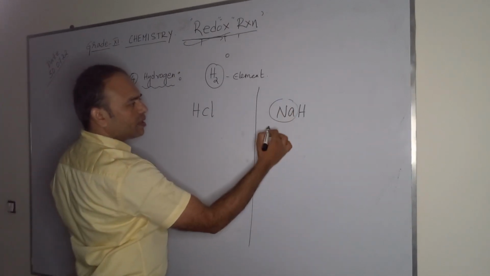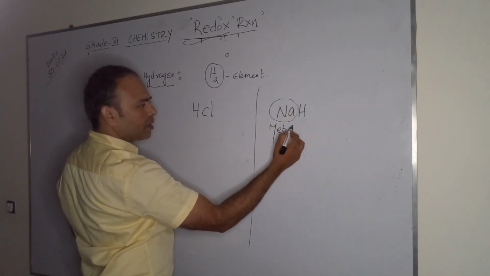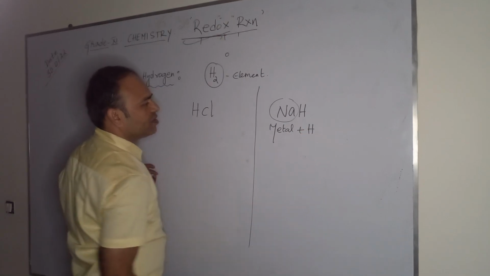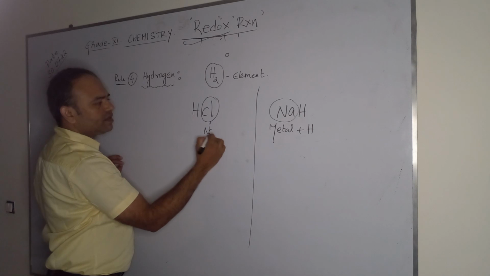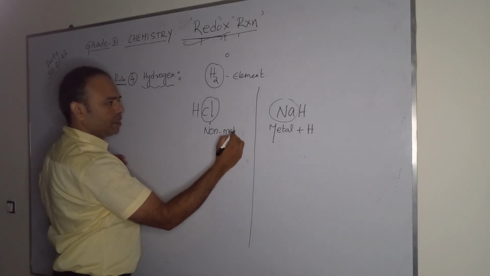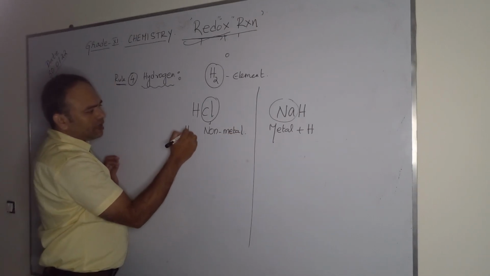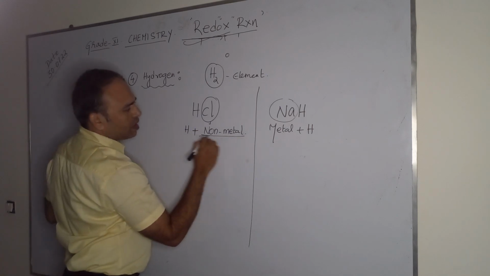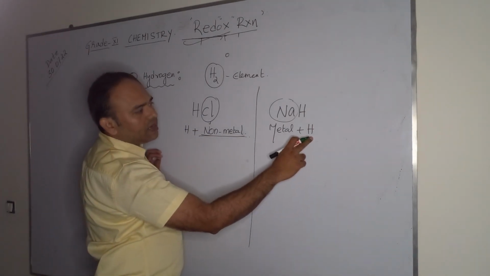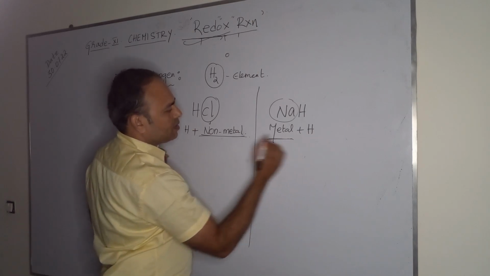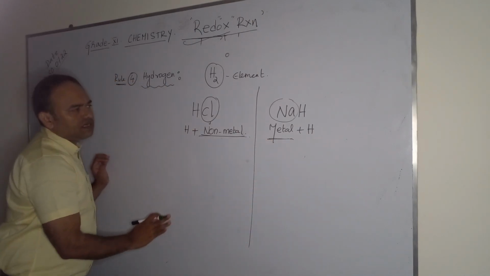Here sodium is a metal plus hydrogen, and here a chlorine is there which is non-metal. So that means what I am doing here, in the first case, I am combining hydrogen with non-metal, and in the second case, I am combining hydrogen with a metal. So let us see what will be the oxidation state.